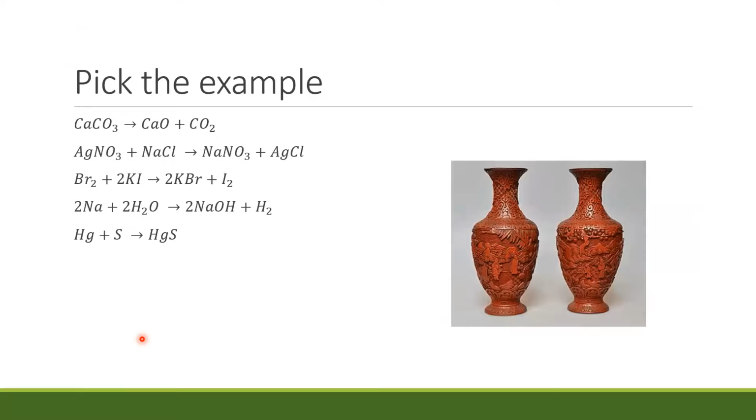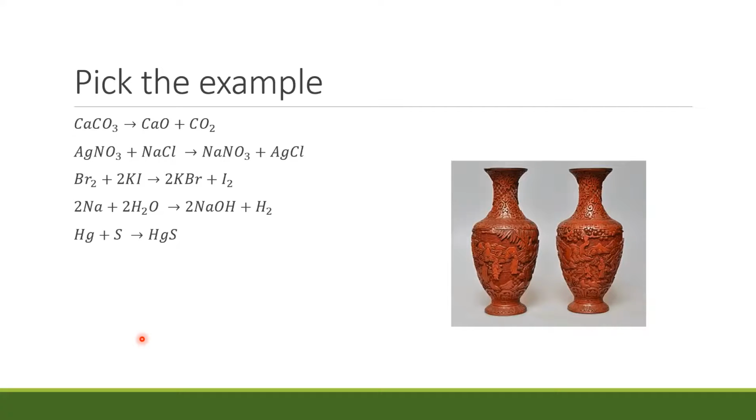Wait, can you go back to the first one and explain that for me? Combination reactions. I'll leave this slide up just because I want people to be able to do it. A combination reaction just means that 2 things are coming together to make a new thing.